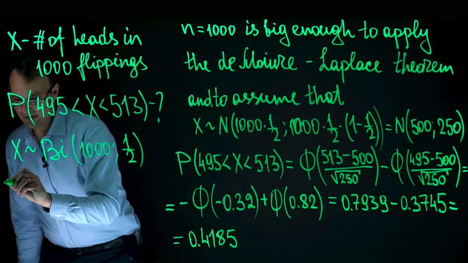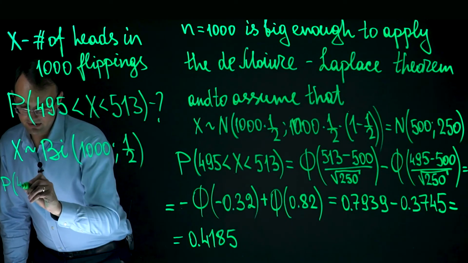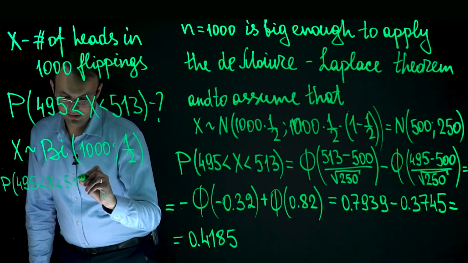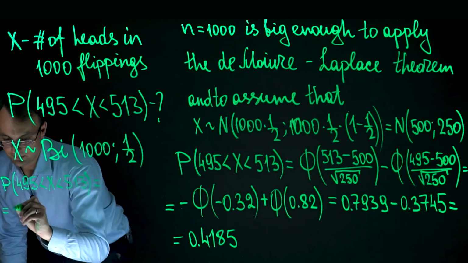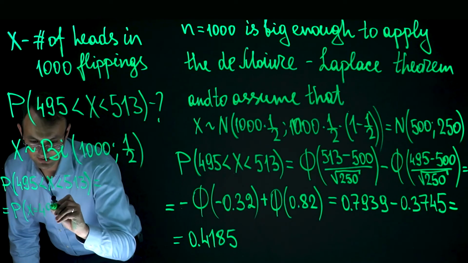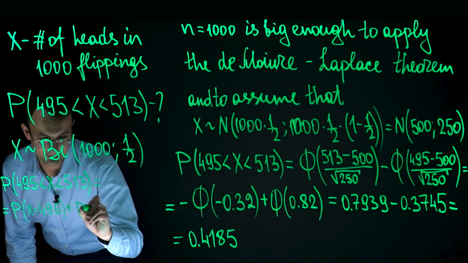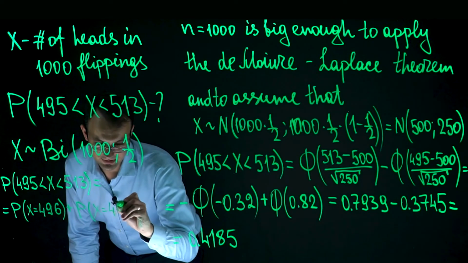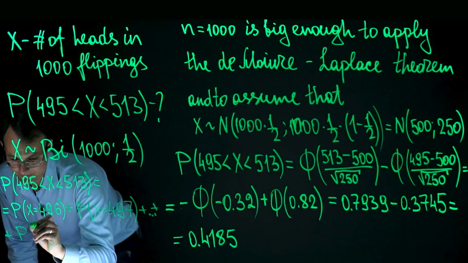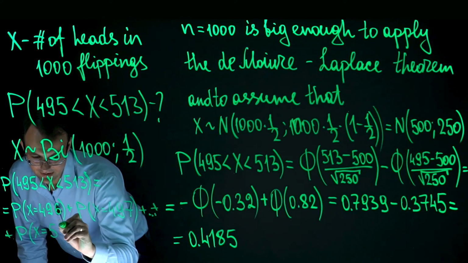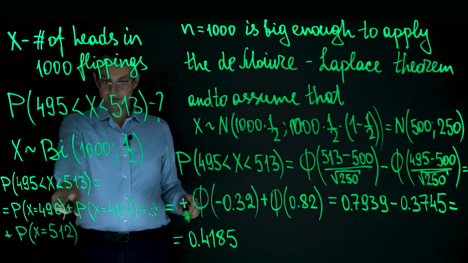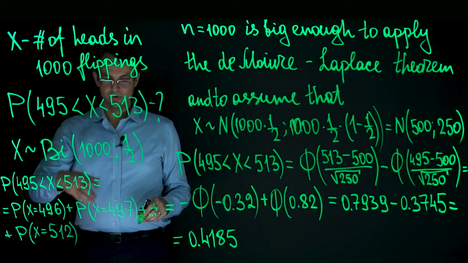So the probability I'm asked to find is the probability that x is 495 plus the probability that x is 496 and so on up to 513, and these probabilities are to be found with the Bernoulli formula.